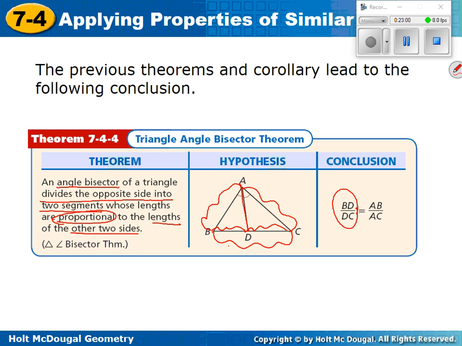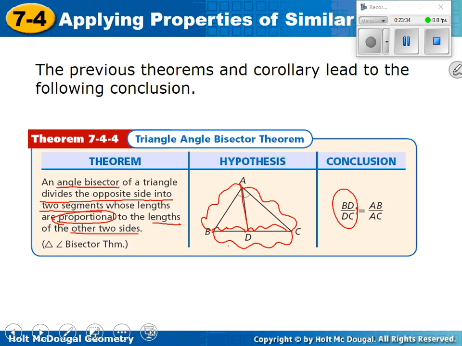Those 2 pieces, A over B, will be proportional to the other 2 sides. But it has to be in the order where you started. So if you start over here at A, where do you have to start on the next fraction? C. You can't do A over B equals D over C. And that's what I have a lot of students mess up on. So be very careful. It's A over B, come back over here, C over D. These are the 3 theorems for section 7.4. And it is just 3 shortcuts to save us time.